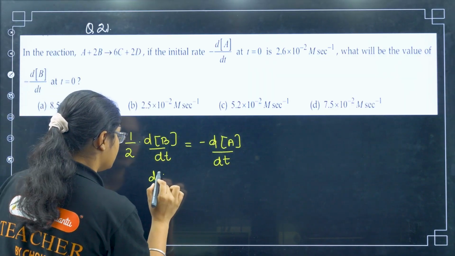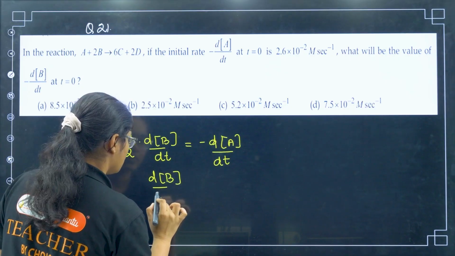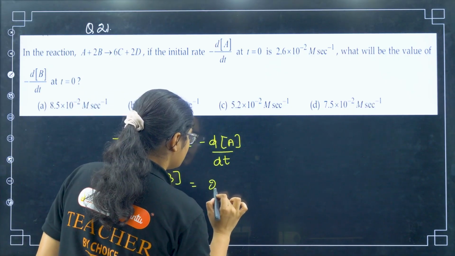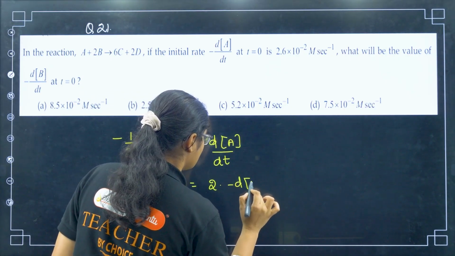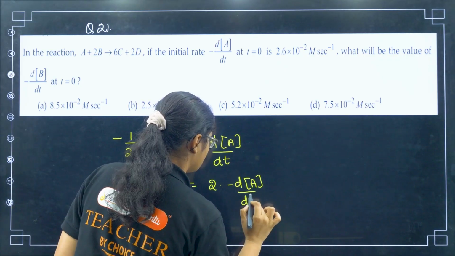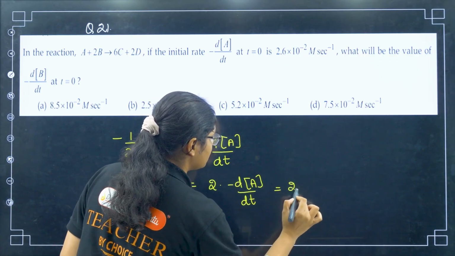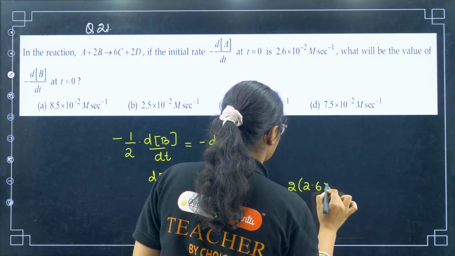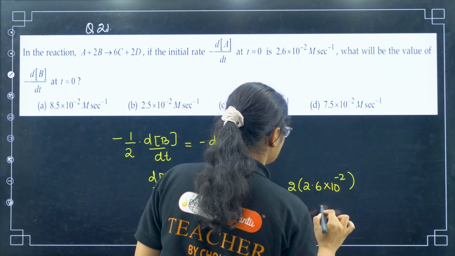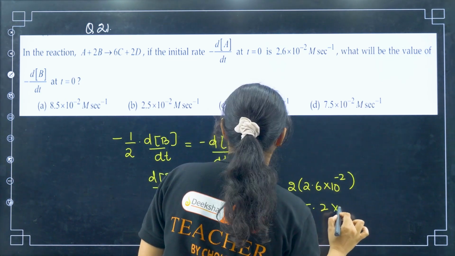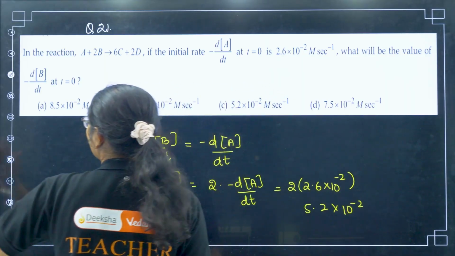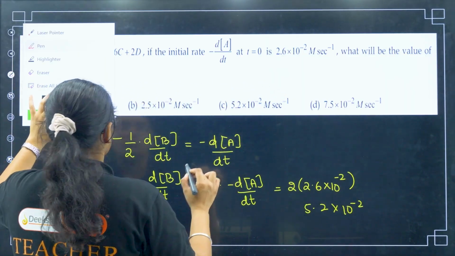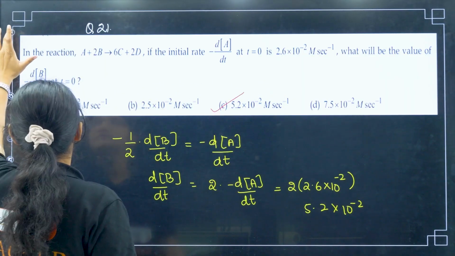So dB by dt is equal to 2 times of minus dA by dt. So that will be equal to 2 times 2.26 into 10 to the power of minus 2, so it will be 5.2 into 10 to the power of minus 2. Okay, so that is your option number C.